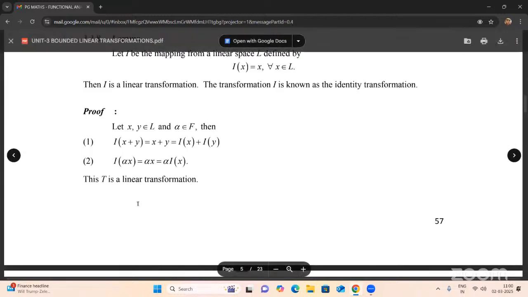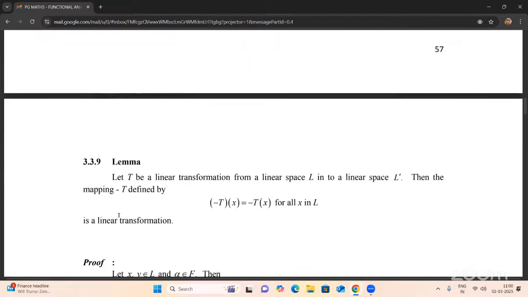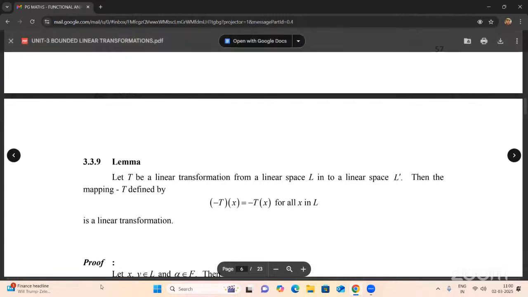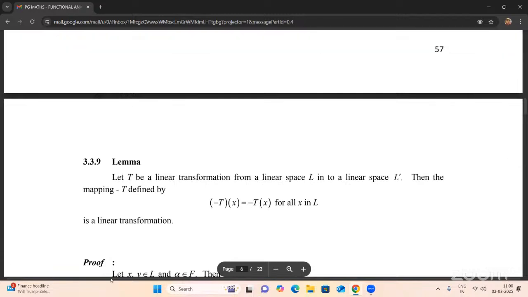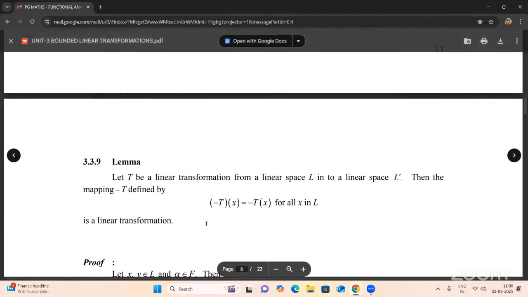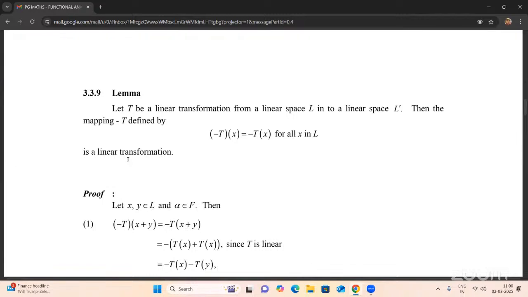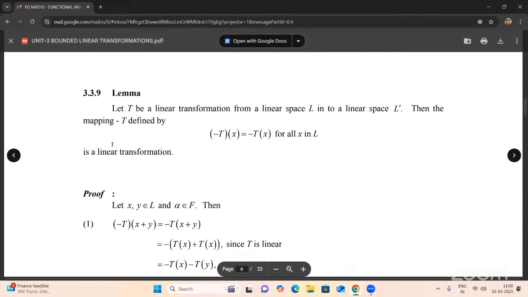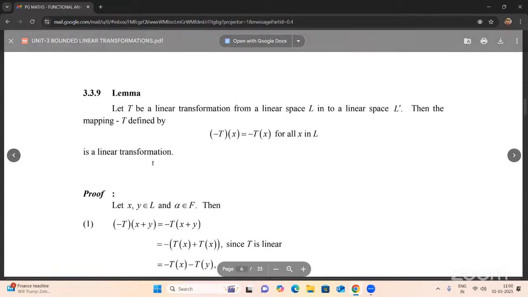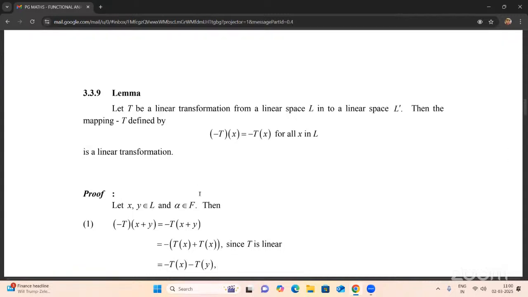That question is also sometimes given. So the inverse of the image is called the image of an inverse, equal to the inverse of the image. Already we have explained from the beginning of this part that for a linear transformation, minus T of X is the negative transformation. Given the mapping T maps L into L dash, the negative transformation, the negative mapping, is also a linear transformation.